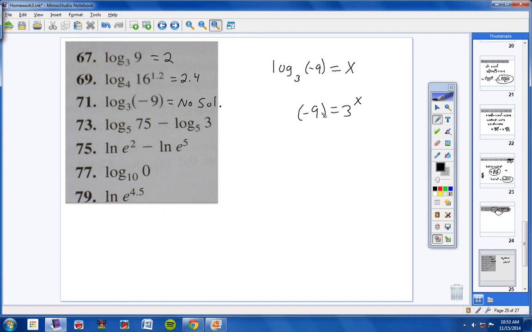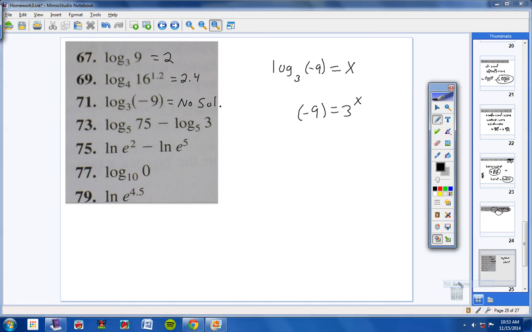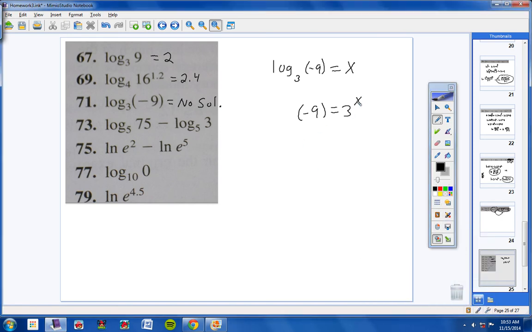And look over here, here's the proof. What number could you put for x that would give you a negative number out like negative 9? There's nothing. If you put a negative number in here like negative 2, that just gives you a fraction. Okay? If you put a positive number in for x, like 5 or 2, that gives you out a 9.